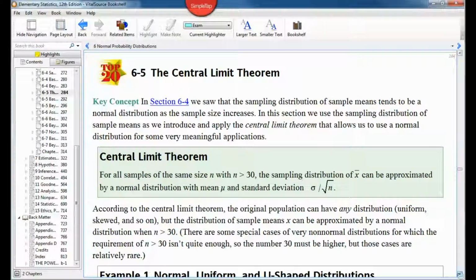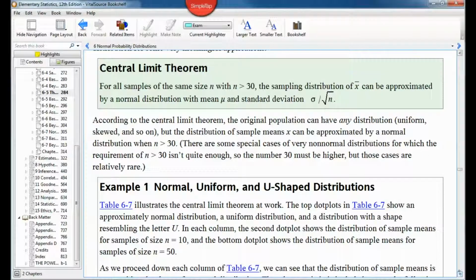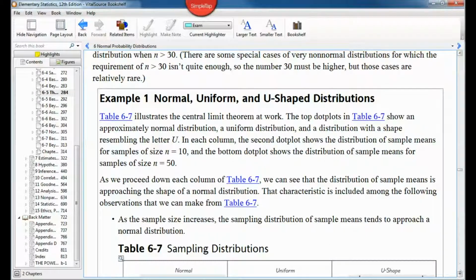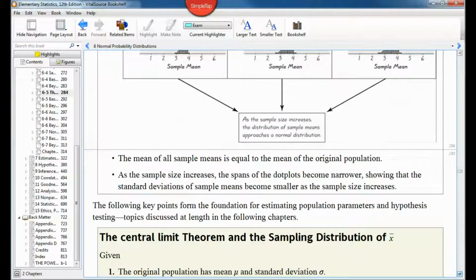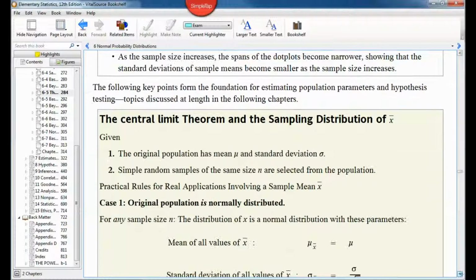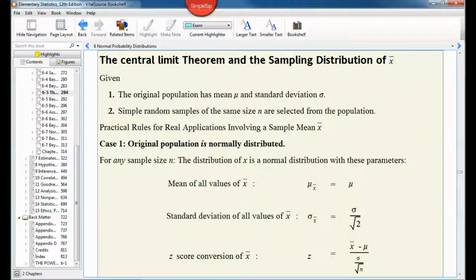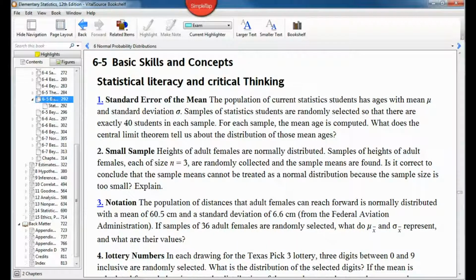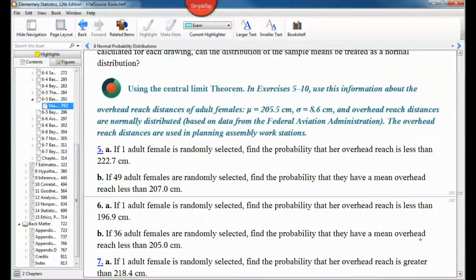So what that allows us to do, let me find a good example here. That will allow us to find the probability of a group of people doing something.